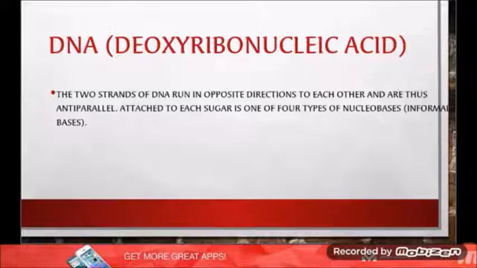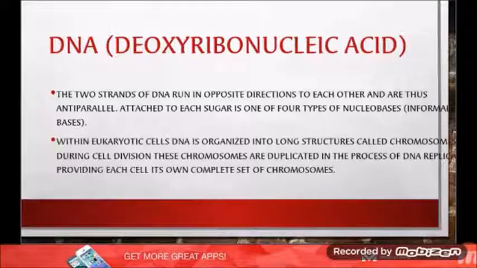Attached to each sugar is one of four types of nucleobases. Within eukaryotic cells, DNA is organized into long structures called chromosomes. During cell division, these chromosomes are duplicated in the process of DNA replication, providing each cell its own complete set of chromosomes.